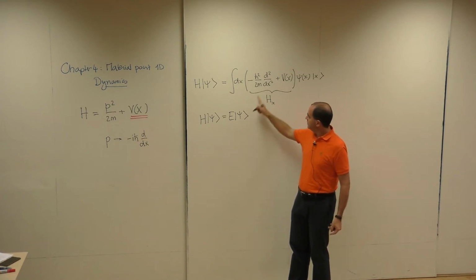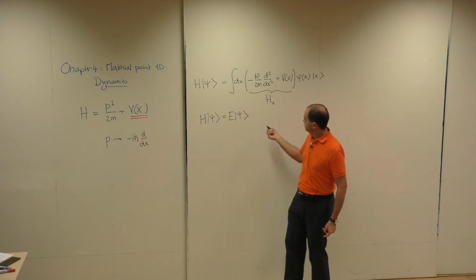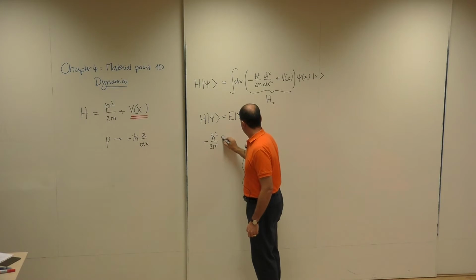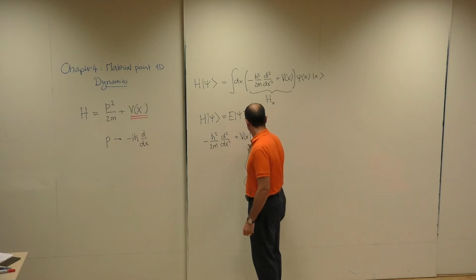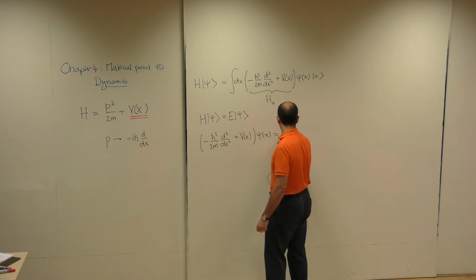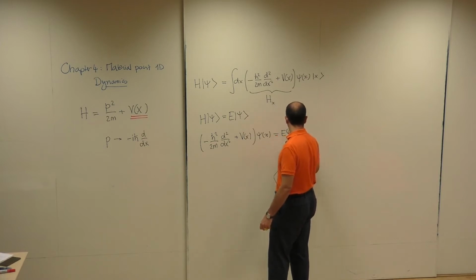What does it look like? Let me write it explicitly. We have to solve this differential equation: minus p squared plus V of x acting on psi of x must be proportional to psi of x.